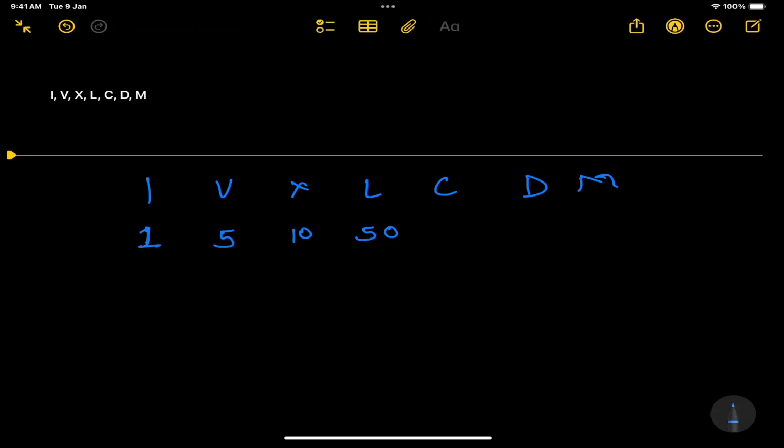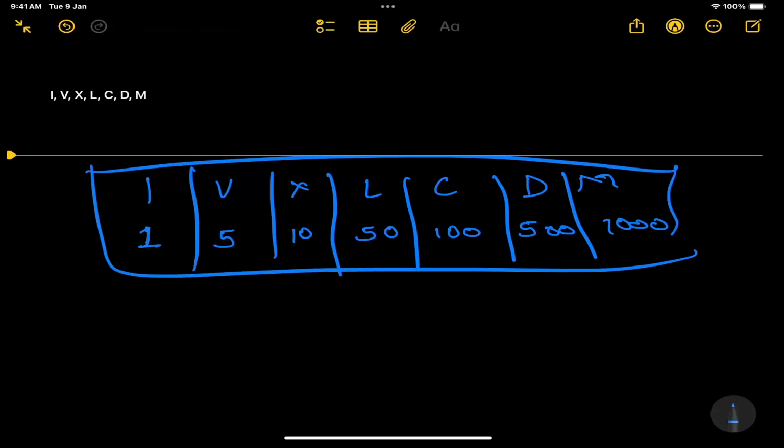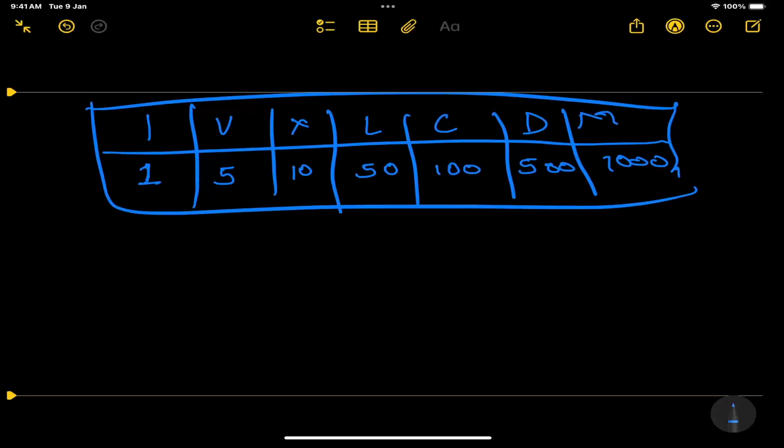Then it will become 100, 500, and then 1000. Simple. Once you learn this, we'll be moving ahead with some ground rules.